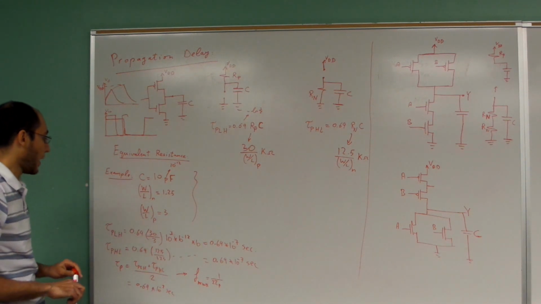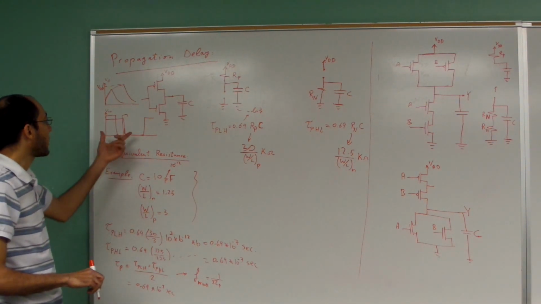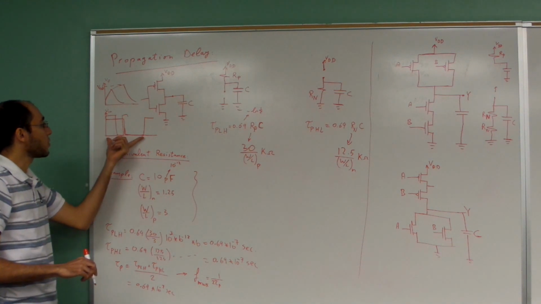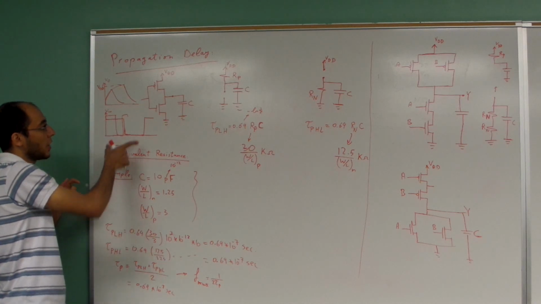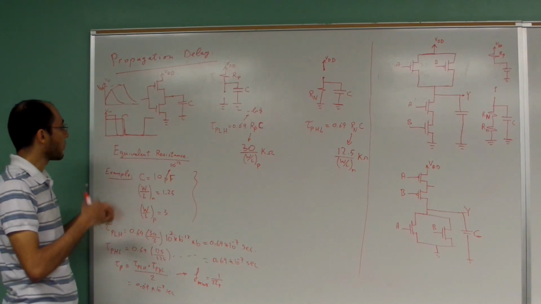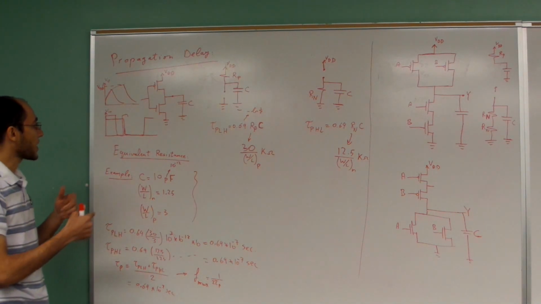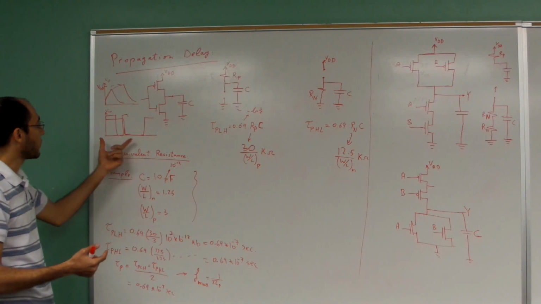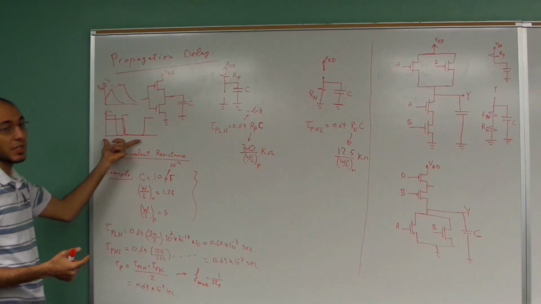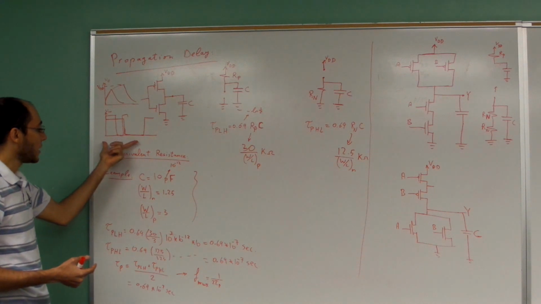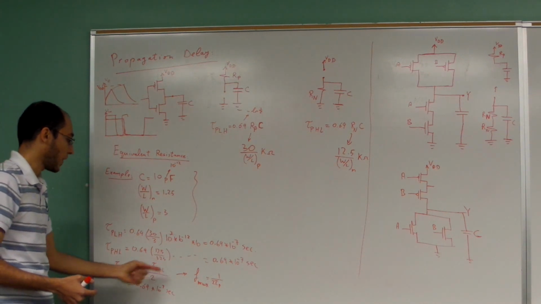And if you want to calculate the maximum frequency, this time period should not be larger than a certain value, which is 1 over f maximum. So the maximum frequency is 1 over t minimum. What is t minimum? It is the sum of these two values.